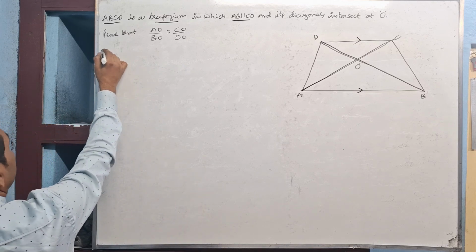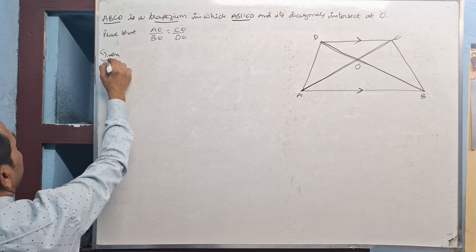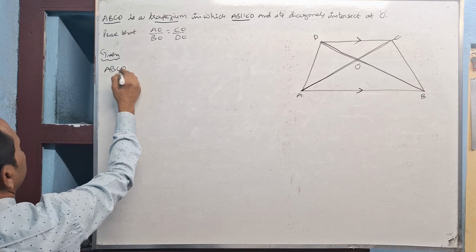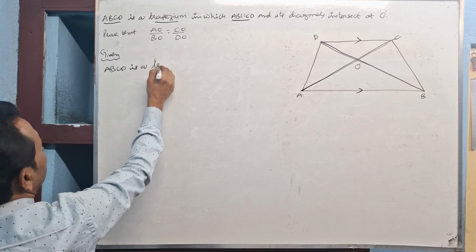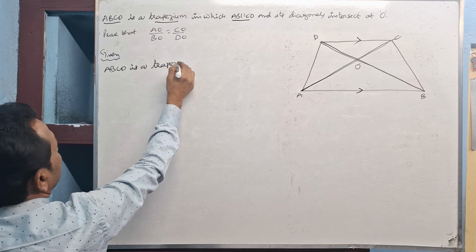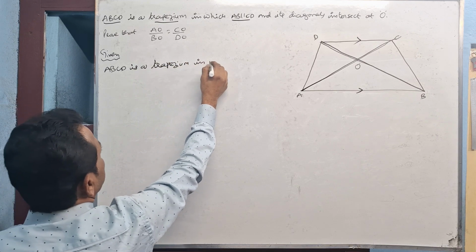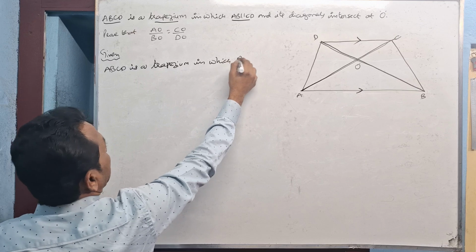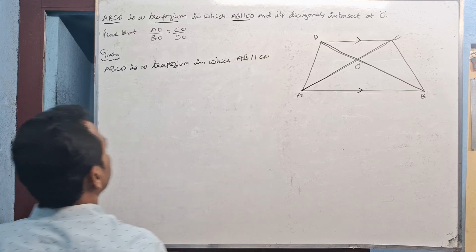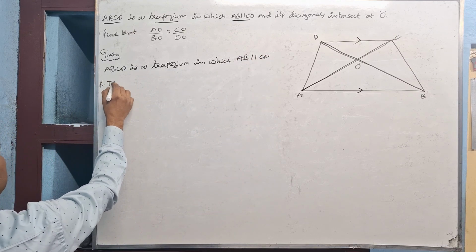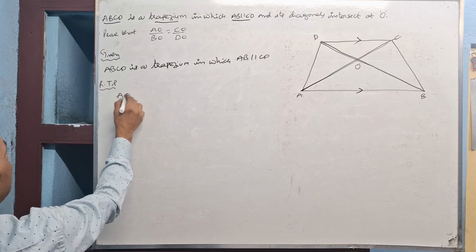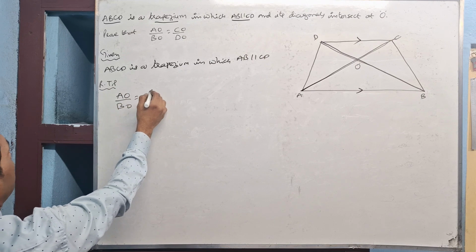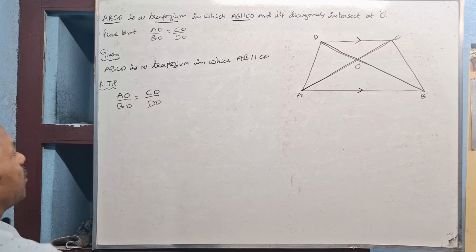So here, given ABCD is a trapezium in which AB is parallel to CD. We need to prove that AO by BO equal to CO by DO.